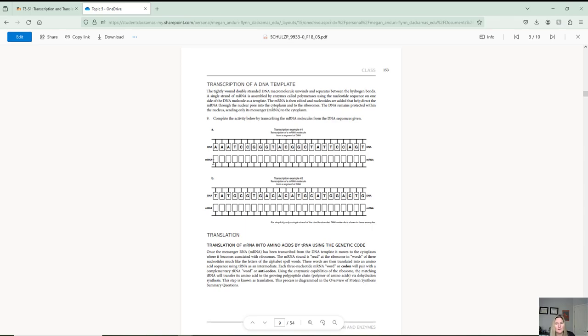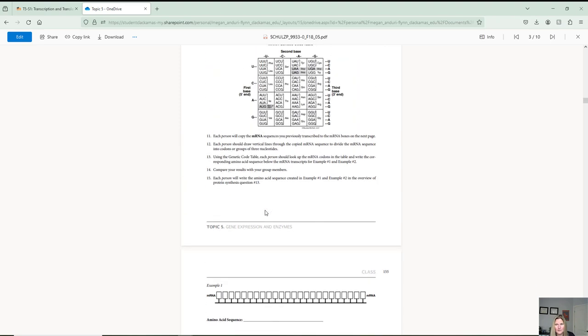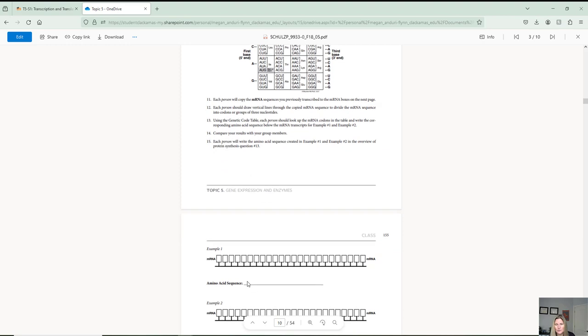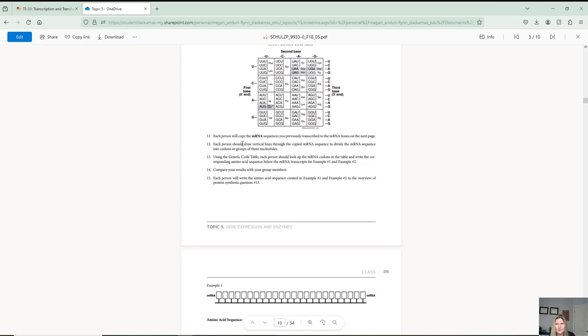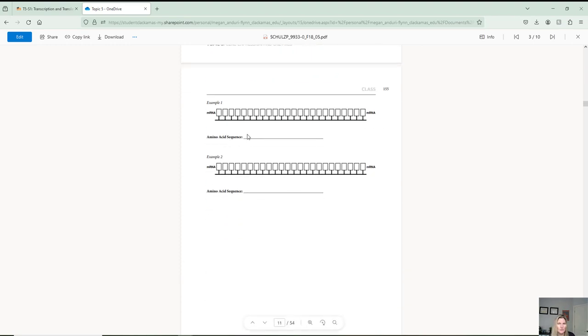So example 1, this mRNA strand will be copied, and then you'll use that strand along with the genetic code to translate the amino acid sequence. Okay, so if the strand in example 1 said something like AUG, then you'll write down what that means. It means met or start.